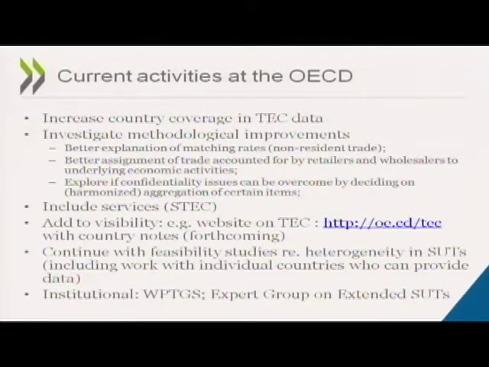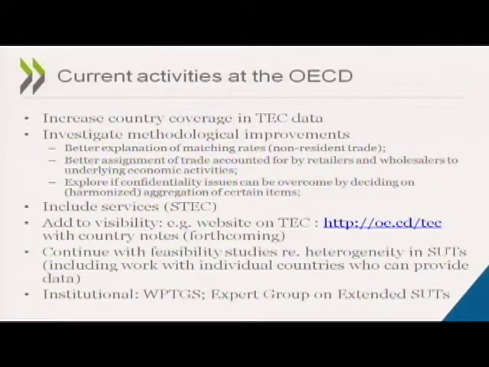A better assignment of trade to retailers and wholesalers, basically trying to look through that particular category of firms to the underlying economic activities for which these types of goods are actually imported. And of course, one of the things that we are continuously working on is to explore to what extent we can deal with confidentiality problems, because we do see and recognize that the more detail we ask, the current tech data breaking down by foreign ownership, etc., we run into issues of confidentiality quite quickly.